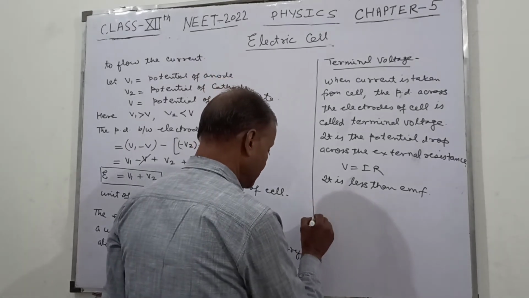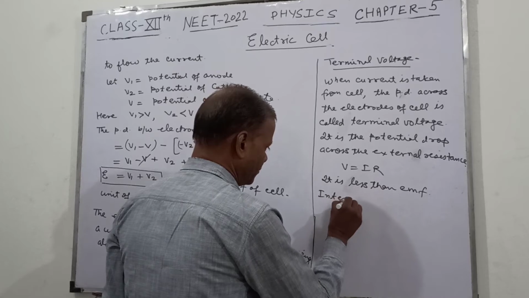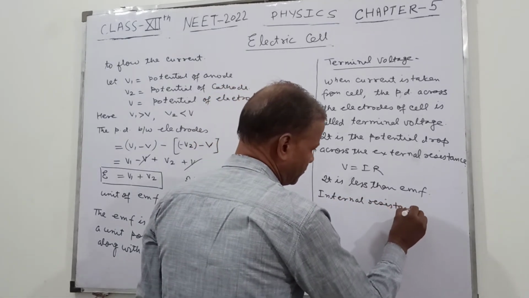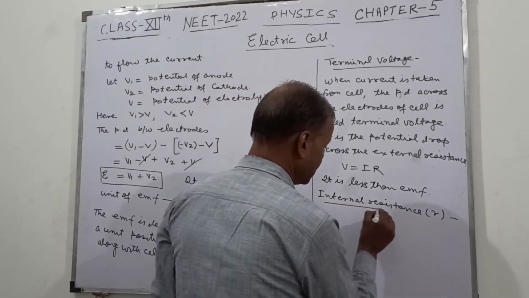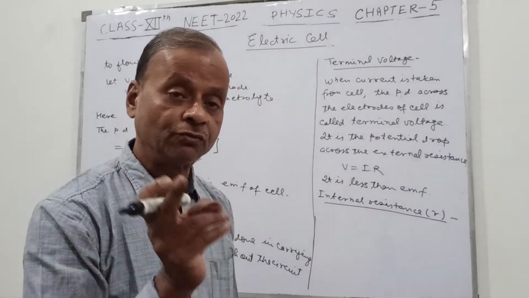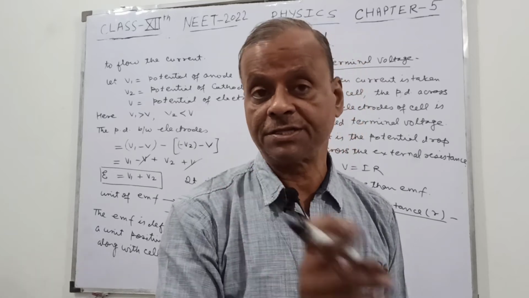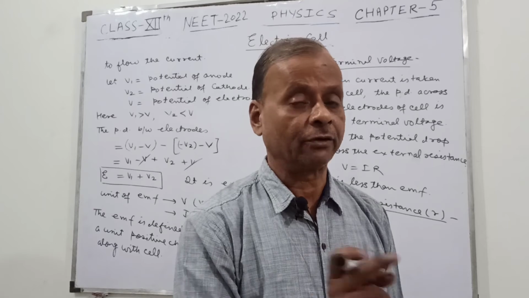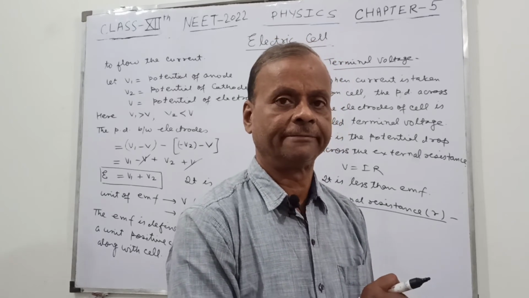And now internal resistance, r. What is this internal resistance? When the current passes through the electrolyte, the current carrier faces resistance due to the electrolyte. That is called the internal resistance of the cell.